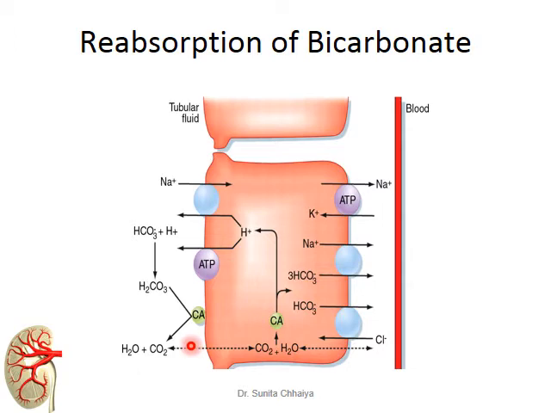That H2O and CO2 easily cross the membrane. Inside the cell, again with the help of carbonic anhydrase enzyme, they form a bicarbonate ion and a H plus ion. That bicarbonate ion, by using a specific transport pump, crosses the membrane. So this is the way bicarbonate ion is reabsorbed with the help of carbonic anhydrase enzyme.